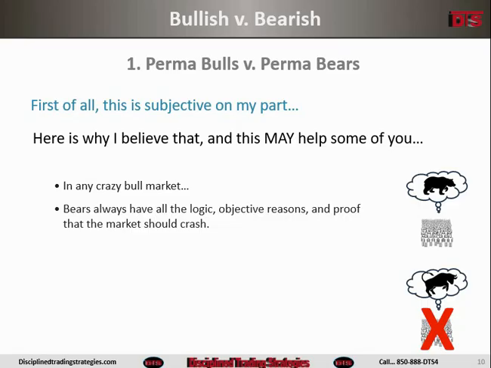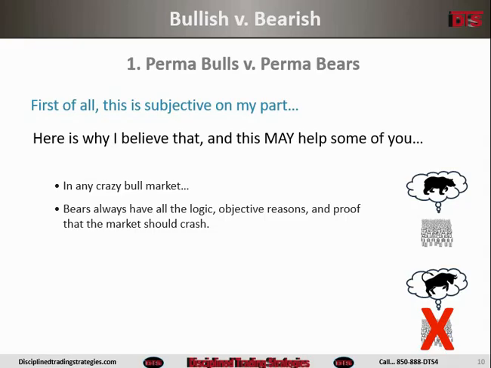I mean over your career, over a span of a bull and a bear market. Prices go up, prices crash. In any bull market, the bears always sound smarter. The bears have all the facts and all the proof that there's no way prices can go higher, but prices do go higher.